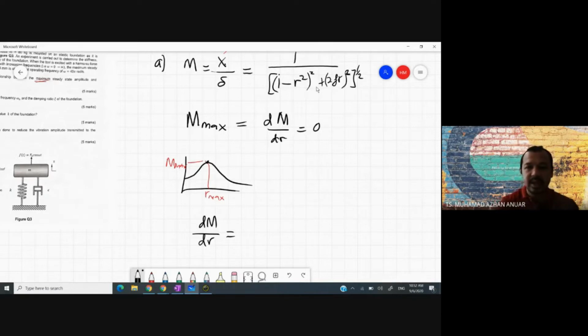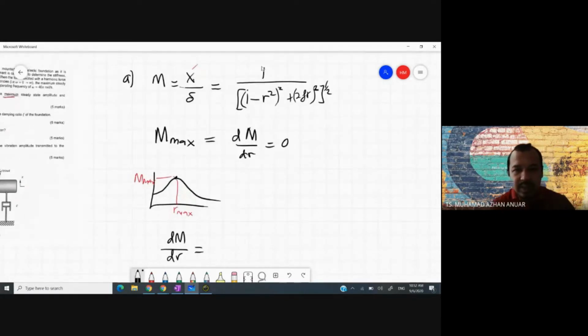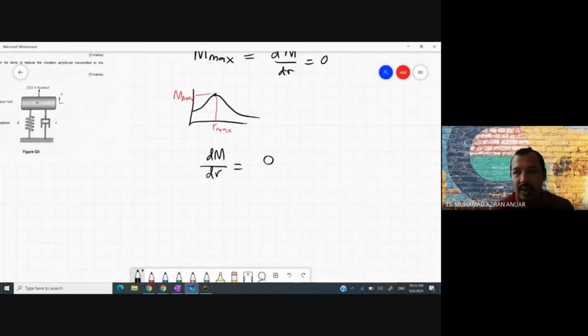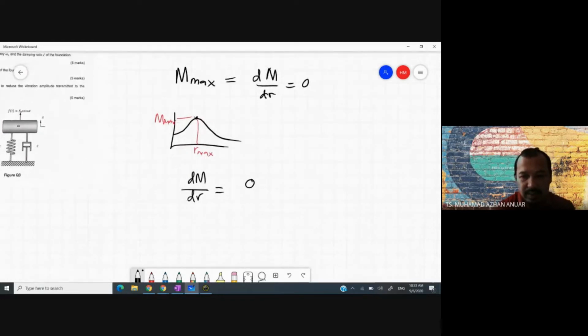When we differentiate the numerator, you get 0, and any number multiplied by 0 gives 0. We maintain 1 and differentiate the terms below, and you get whatever the answer is. When we equate this to 0, whatever value is down here multiplied by 0 gives 0 straight away. So let me do this one here.